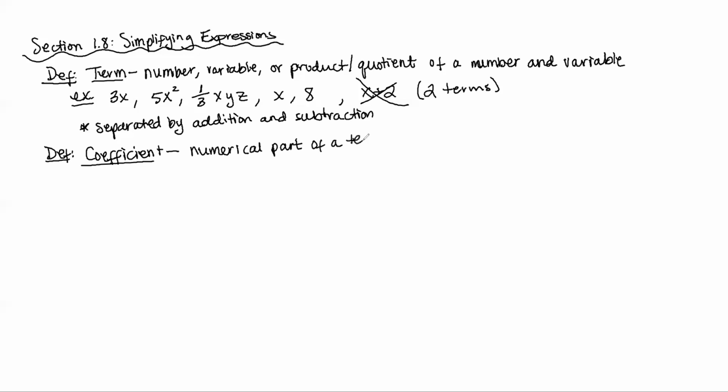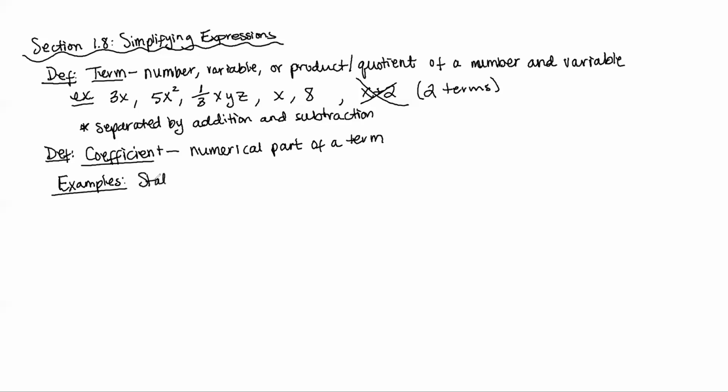And so notice each term is going to have its own coefficient. So if we have an expression like x plus 2, like we saw above, this is going to have 2 different coefficients. So let's go ahead and look at a couple of examples of terms where we figure out what the coefficient is, because we need this in order to start simplifying expressions.